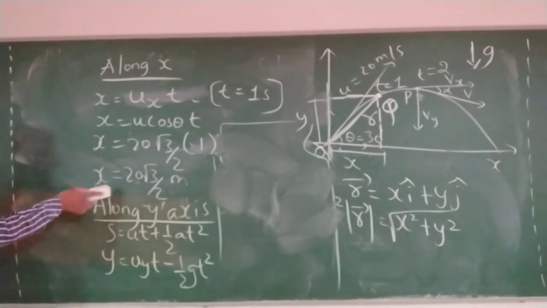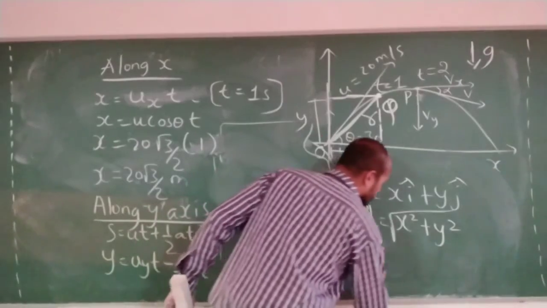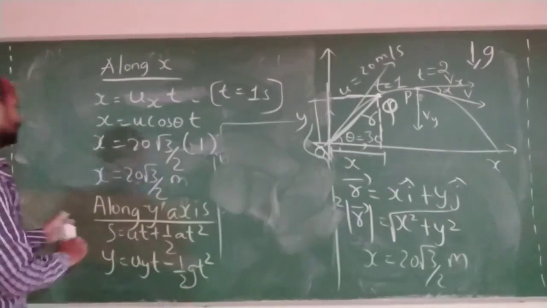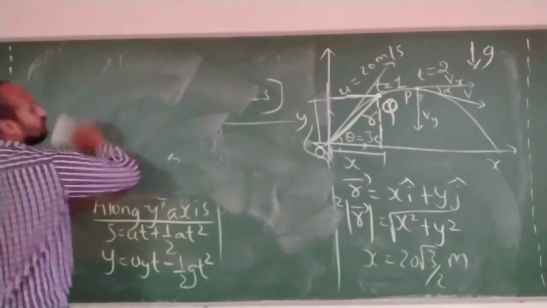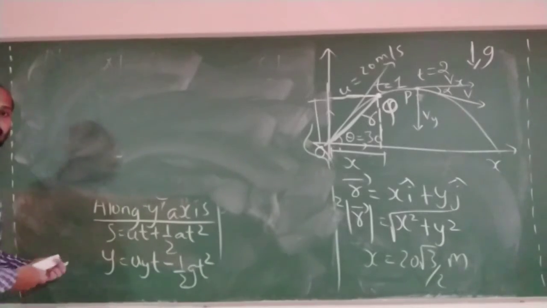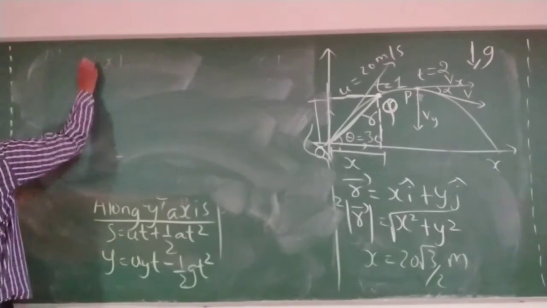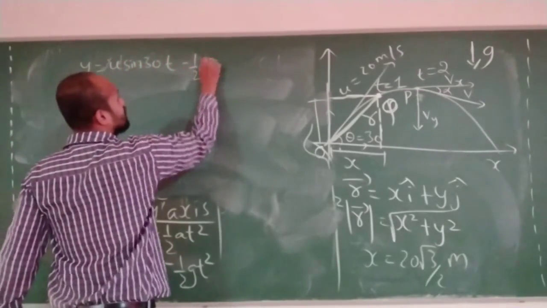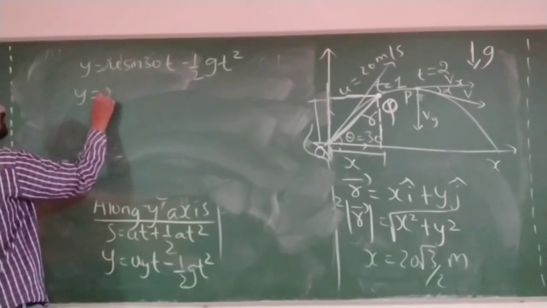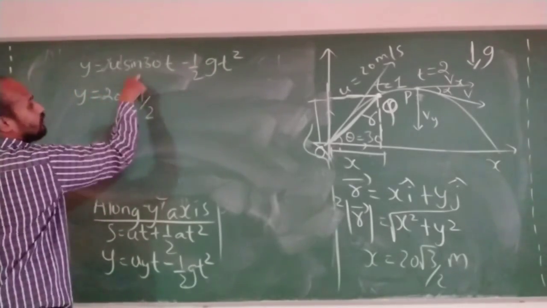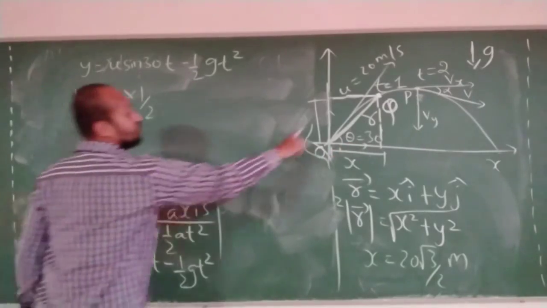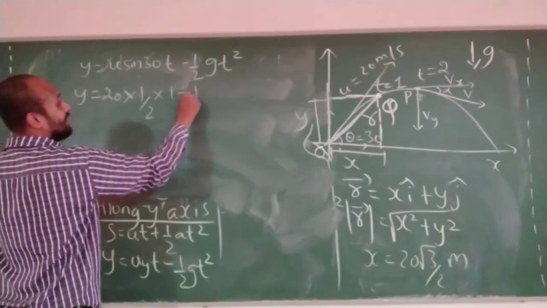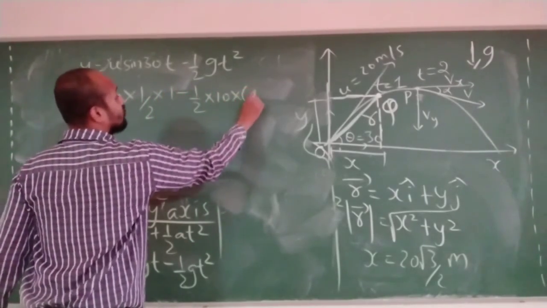Now see here, you got this. Remember this value: X value I got is 20 root 3 by 2 meter. Let us find the y value. Y is equal to u sin 30 into t minus half g t square. Substituting, 20 into 1 by 2 into 1 second minus half into 10 into 1 square.